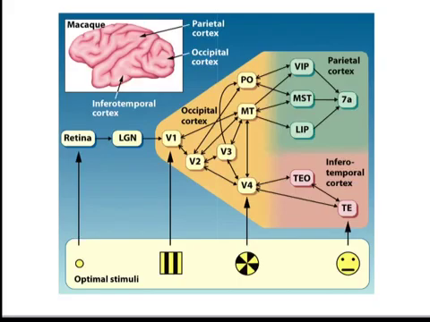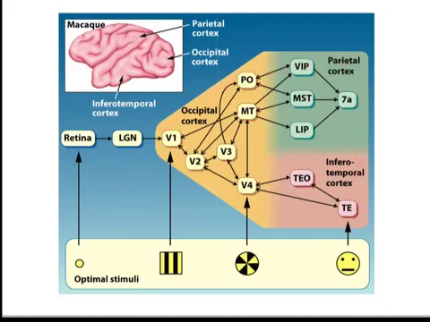Now what you see here is a representation of the macaque, the monkey brain areas. And I think your book says that there's about 20 brain areas devoted to vision in the macaque. I believe that they've identified upwards of 30 areas in the cortex that are identified with visual information.